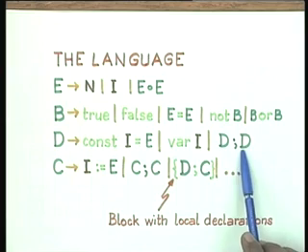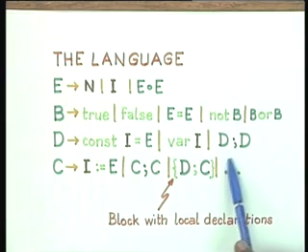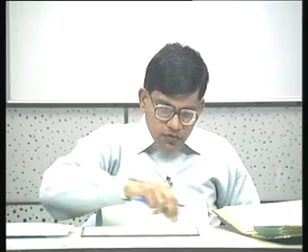So this seems to suggest that you could actually mix variable and constant declarations, which does not seriously affect the meaning of the language.